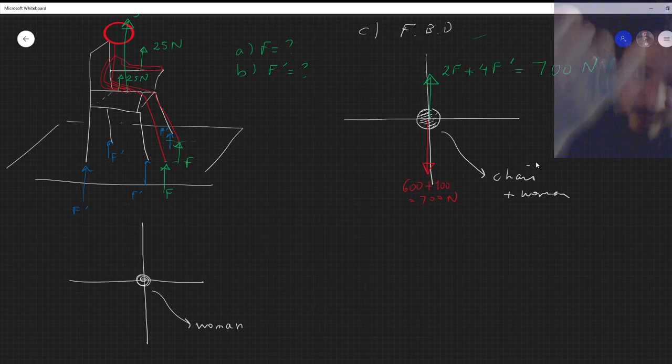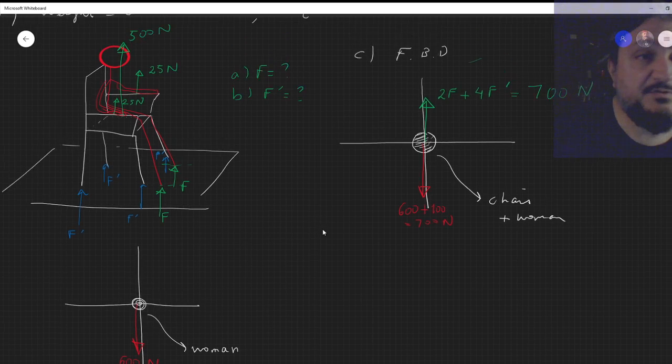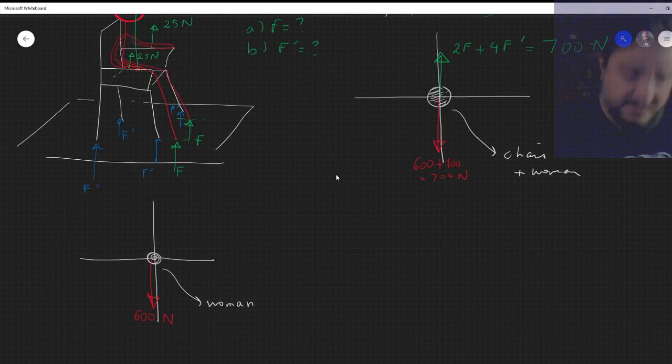Well, we have her weight, which is downward, and this was 600 newtons. And what else do we have? We have the seat. The seat is pushing her up with a force equal to 500 newtons.